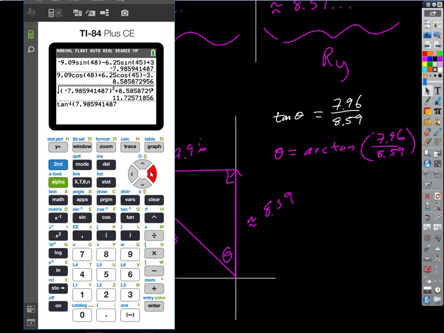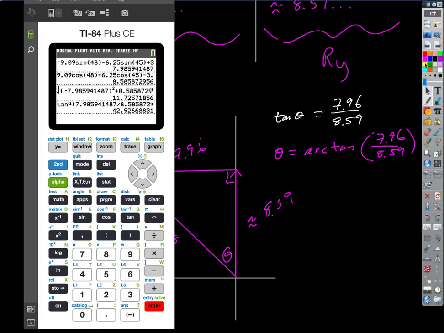Divided by the 8.59 number, which is already positive. Okay, and it gives us back 42.92 and so on. To 3 places, what is that angle then? 42.9, okay.